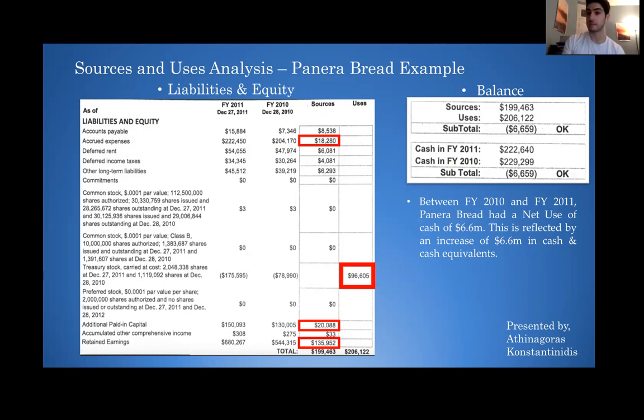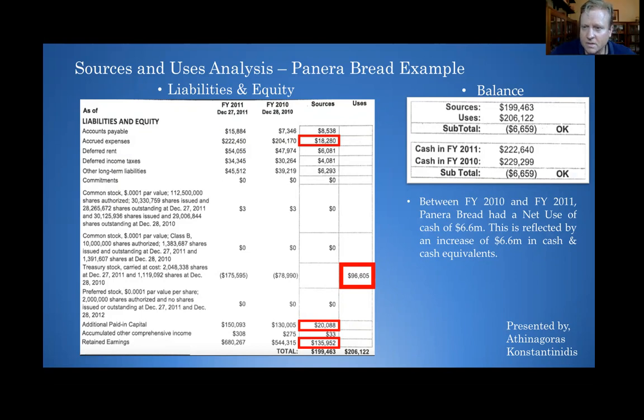And that is indeed the case if we look at the balance on the right. We know that during the year, Panera Bread had a net use of 6.6 million, which is also reflected in the 6.6 million increase in cash and cash equivalents. So that concludes this presentation, and thank you very much.